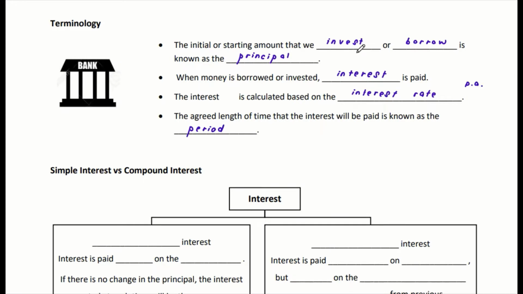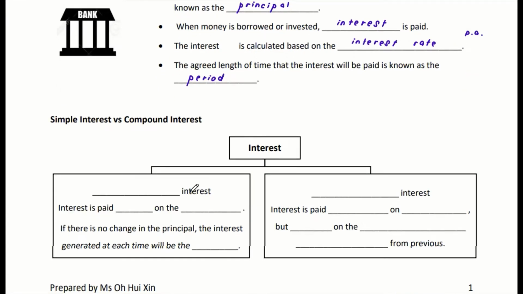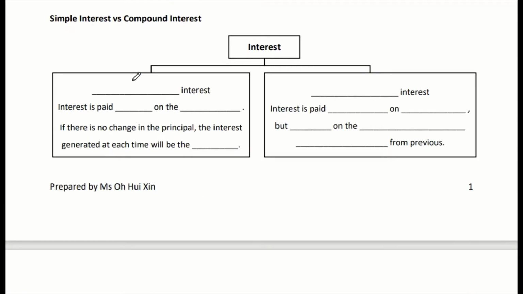So now remember all these keywords, as we are going to look at the difference between simple interest and compound interest. In finance, normally there are two ways that we can calculate interest. The first one is called simple interest, and the second one is called compound interest. So now we are looking at what is the difference between these two types of interest.